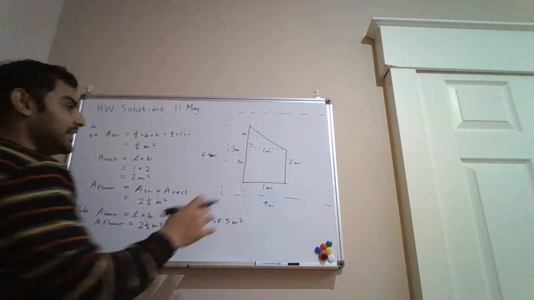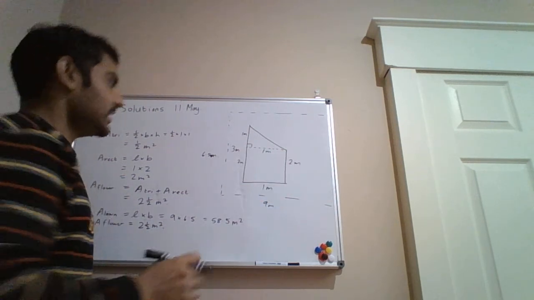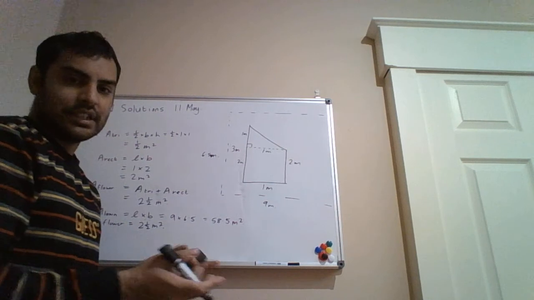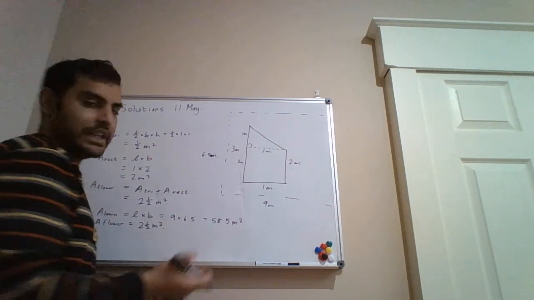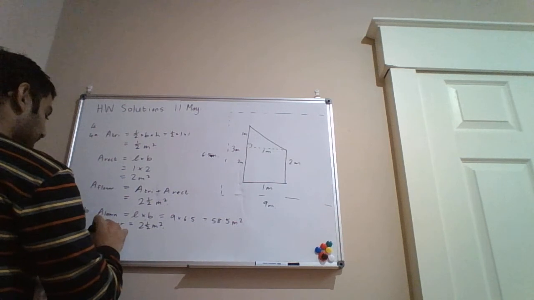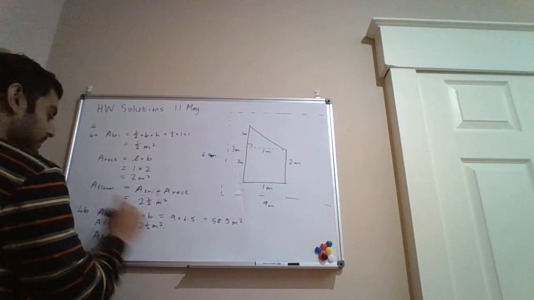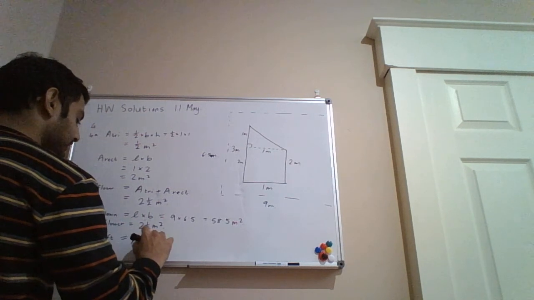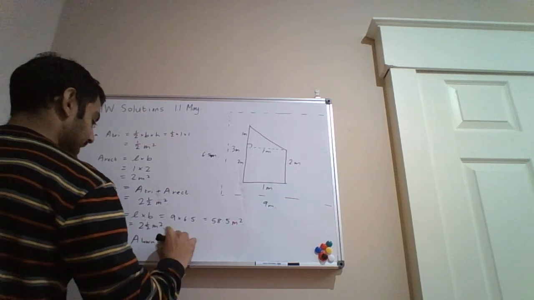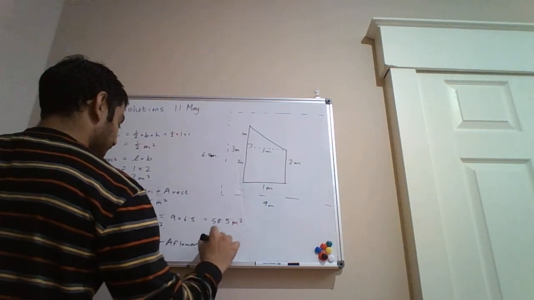So notice that these diagrams are not really drawn to scale. It's just theoretical. So we've got the area that is left. It's going to be the area of the lawn minus the area that's cut out, the area of the flower bed.